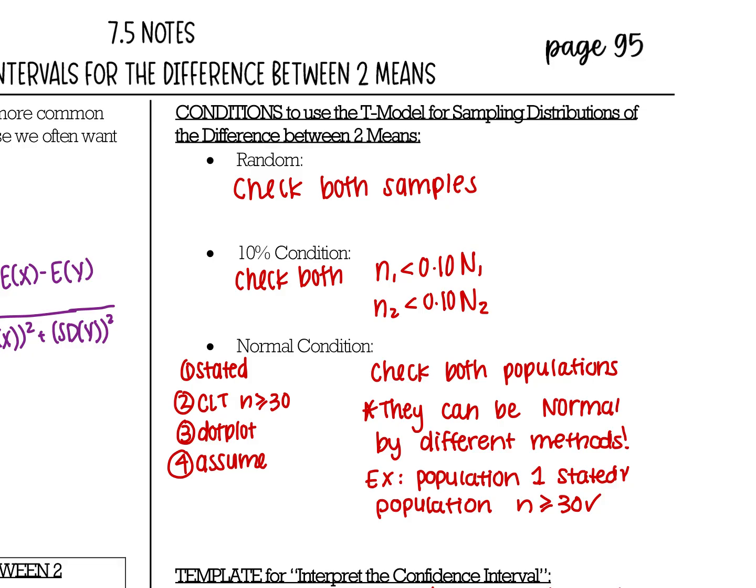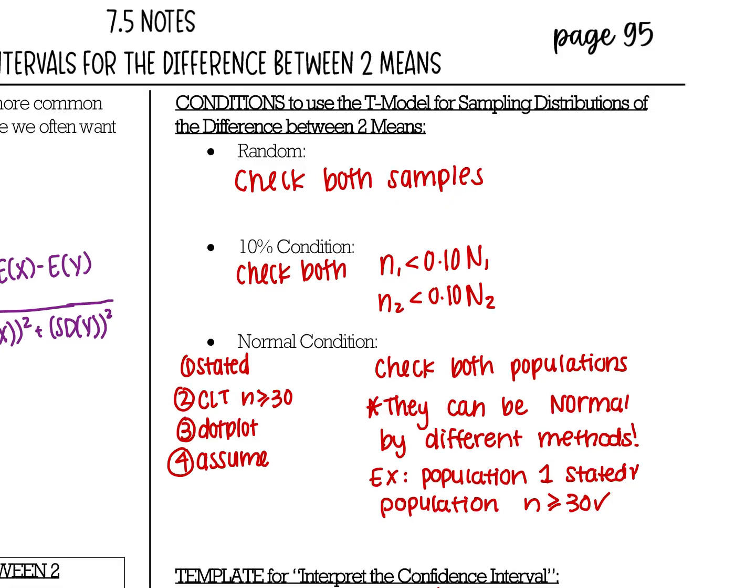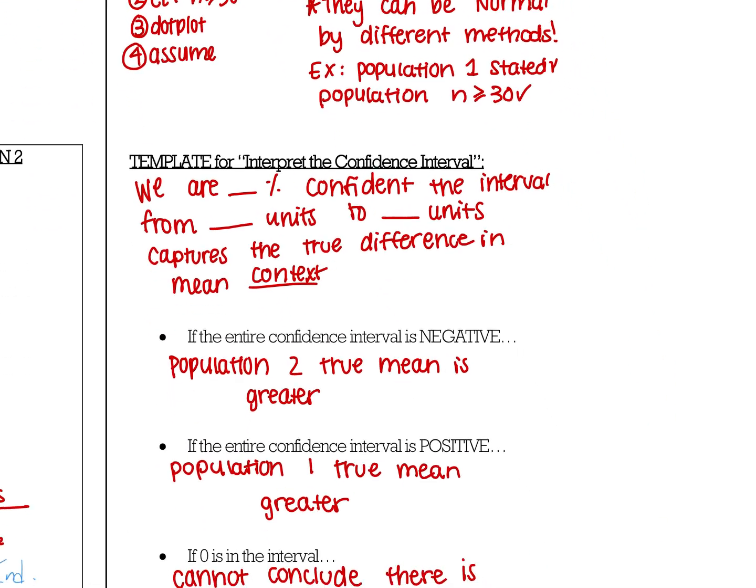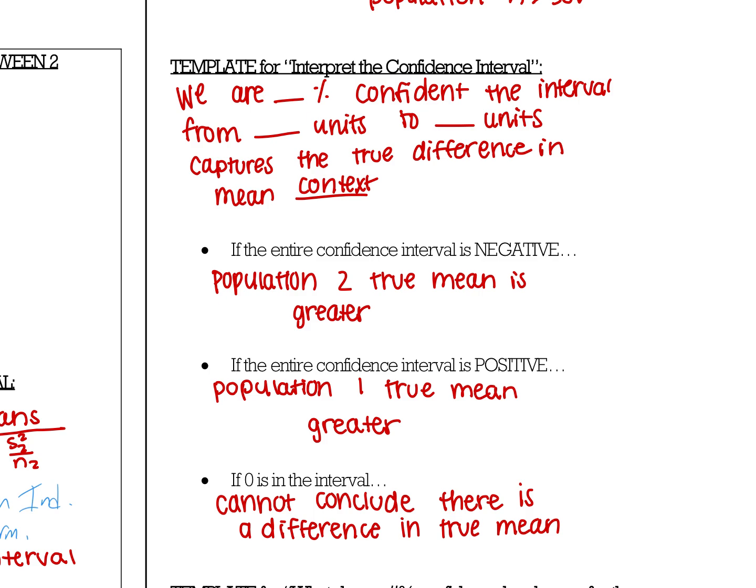We can use the central limit theorem that if we have more than 30 in our samples, those would make it normal. We can say the dot plot looks normal, or worst case, try to avoid this, we can assume that it's normal. So these are all different ways we can meet this normality criteria. And those should be fairly familiar. They're the same ones we used at the beginning of this chapter.